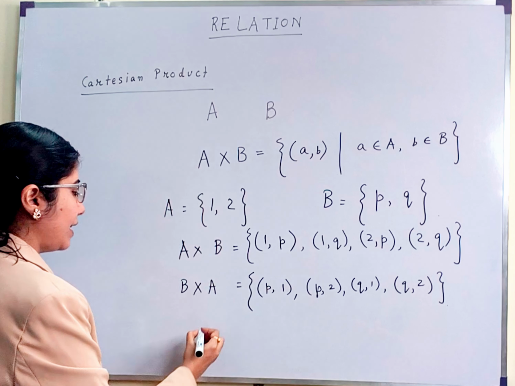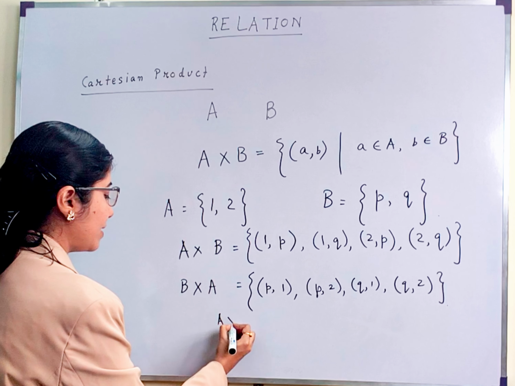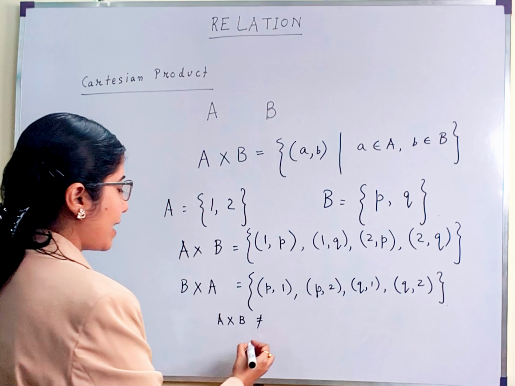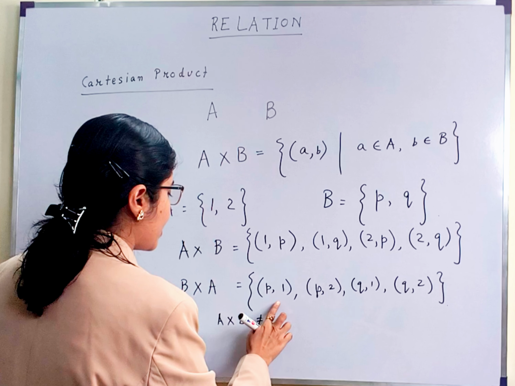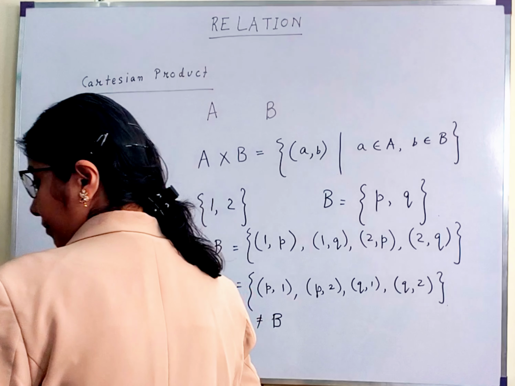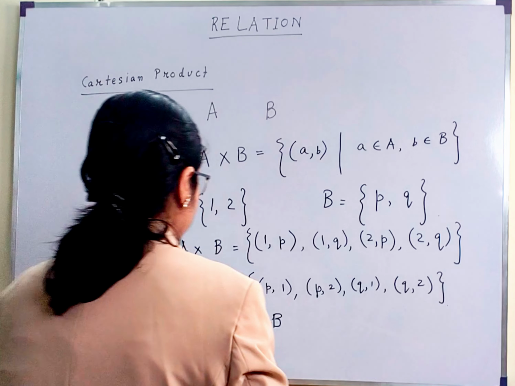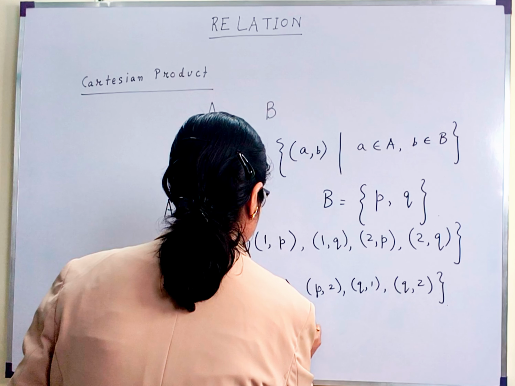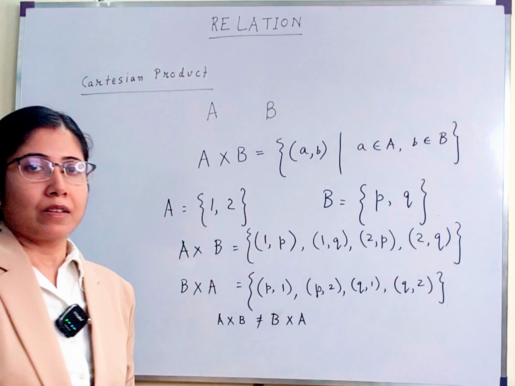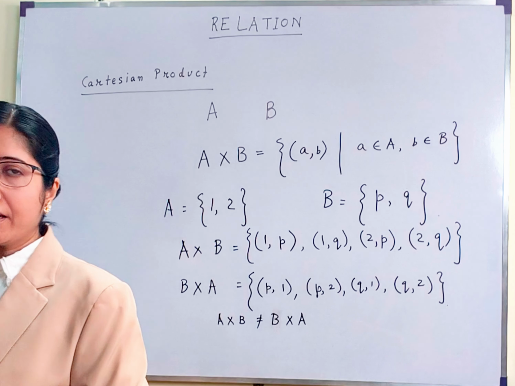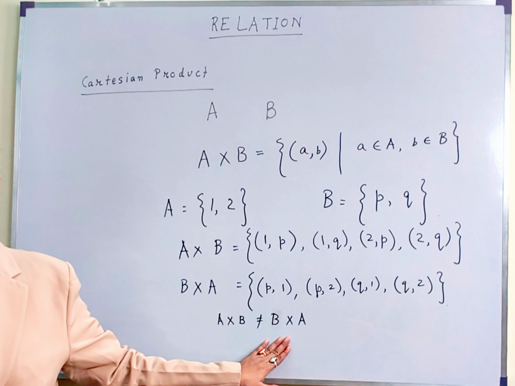So we can see that A cross B, since it is a set of ordered pairs, is not equal to B cross A.